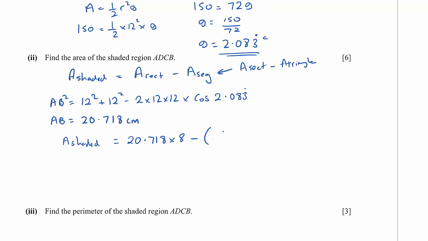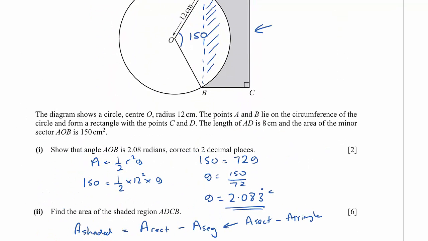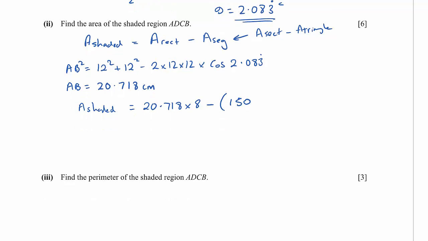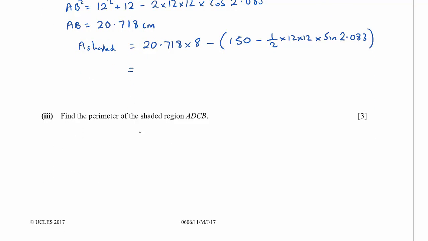So the area of the sector, well, we were given that in the question. That was 150, so at least we don't have to work that out. And the area of the triangle is going to be 1/2 times 12 times 12 times the sine of 2.083 radians. We're in a position now to just calculate this.